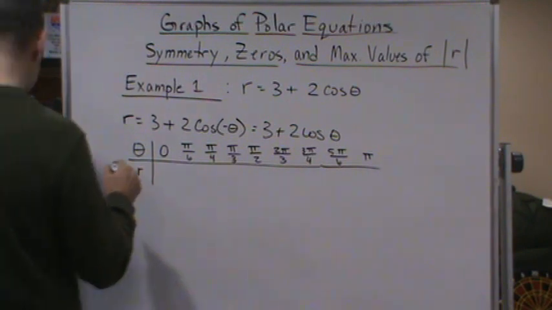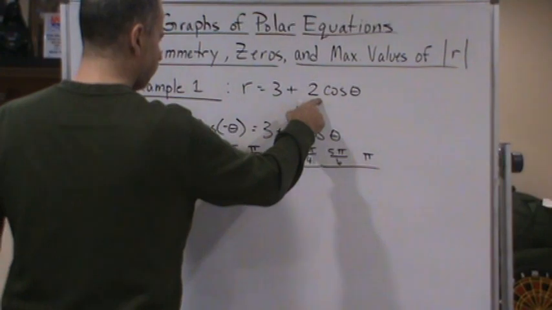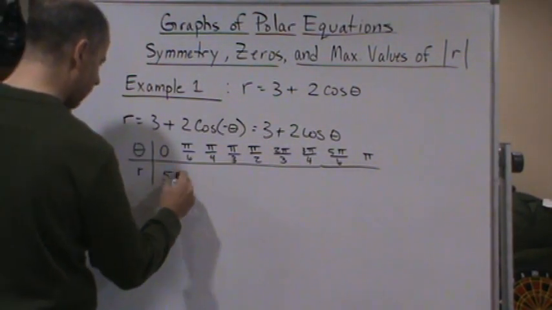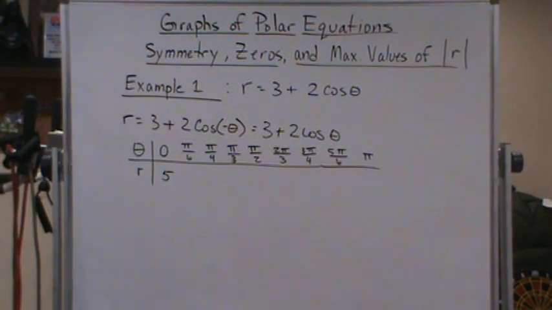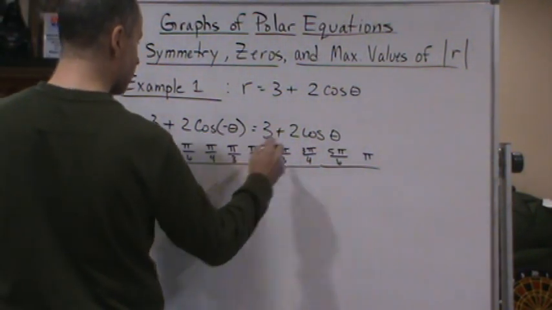So r, when theta is 0, you get 5, because cosine of 0 is 1. So when theta is pi over 6, you get 3 plus what?